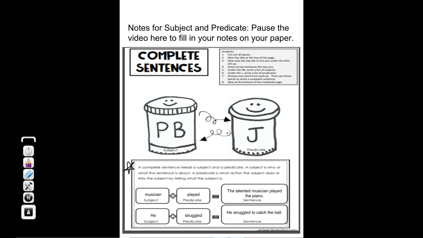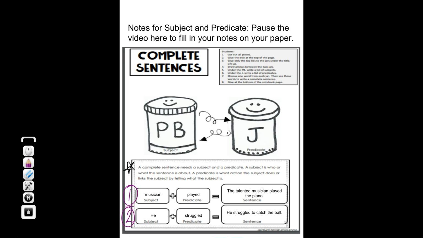We have this first box, which is musician plus played, and then we have the sentence here: the talented musician played the piano. And then we have another one here where you're going to plug in he plus struggled. So he is our subject, struggled is the predicate. When you put those together, we get a sentence: he struggled to catch the ball. So you are going to plug in the two subjects, the two predicates, and the two sentences onto your notes.